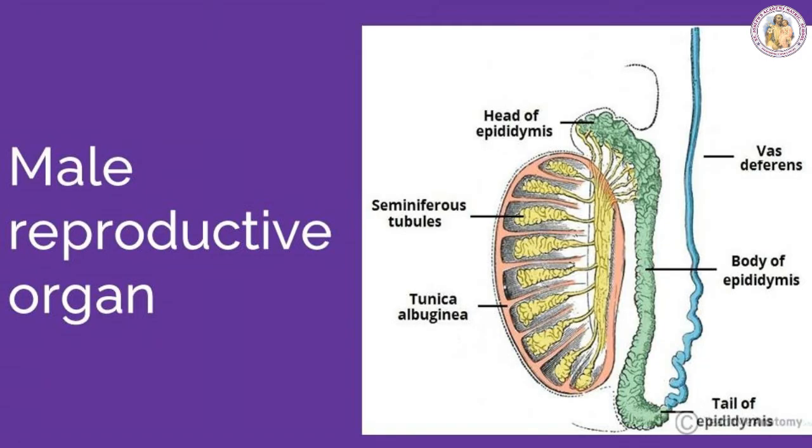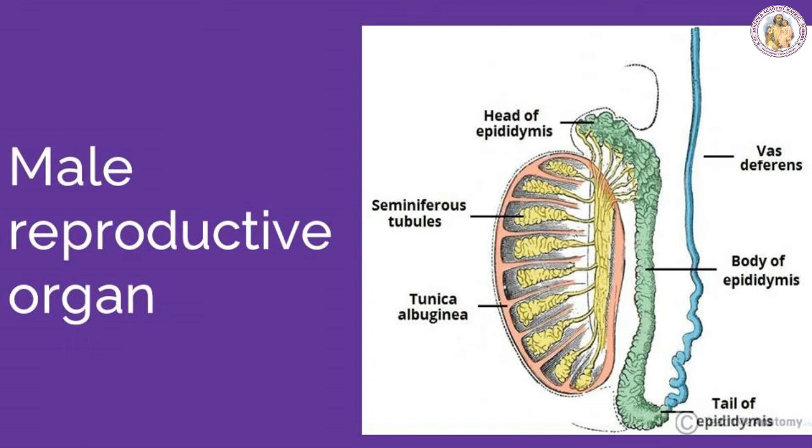Male reproductive organ, that is the structure of the testis. The testis is a reproductive gland in the male which is oval shaped. Each testis is covered with a layer of fibrous tissue called the tunica albuginea.